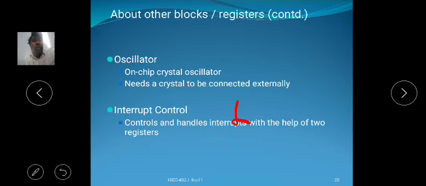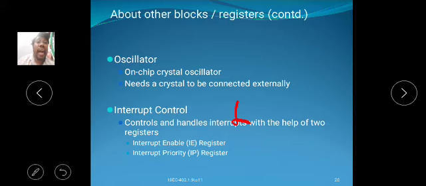Next important block is the interrupt control.